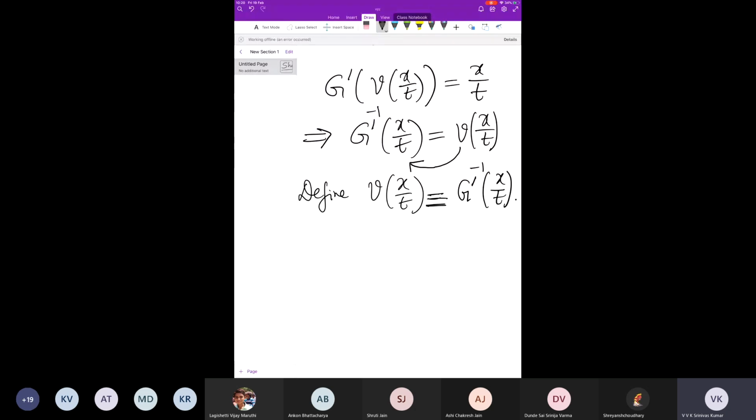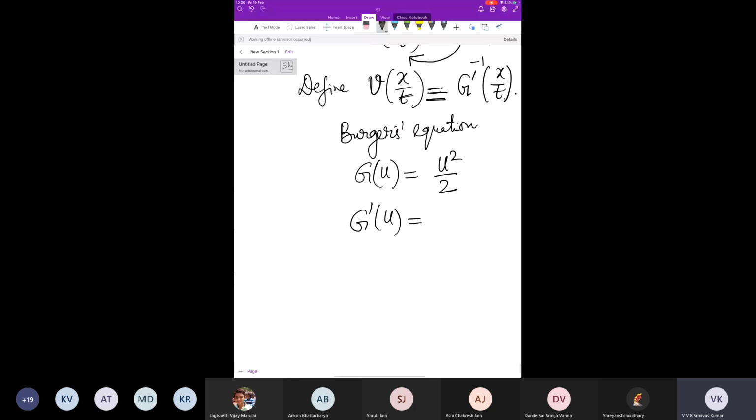In our case, we are dealing with Burgers' equation. For example, in Burgers' equation, what is our g of u? g of u is u square upon 2. So in this case, what is g prime of u? g prime is just u. What is g prime inverse? Okay, it is just the identity. g prime of u is the identity function.